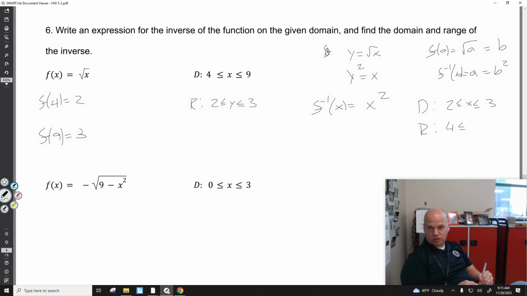And the range, the y's, flip-flop. So the range is 2 to 3, and you can see the whole flip-flopping nature. If you plug in 2 into here, you'll get 4. You plug in 4 into here, you get 2. They're undoing each other. 4 goes to 2. 2 is going to go back to 4. Boom. That's inverses.